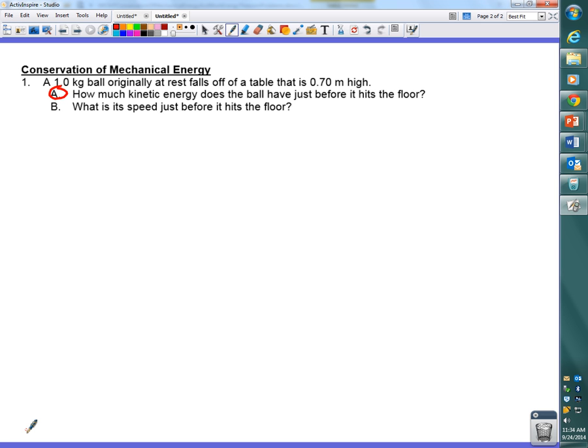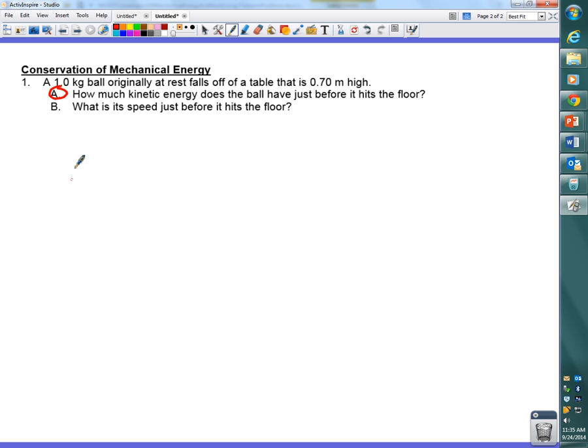Kate, even before we do that, I think we should start somewhere else. Because what formula are we writing, Kate? Why would we write the kinetic energy formula? So in part A, it's asking us to find how much kinetic energy, right?